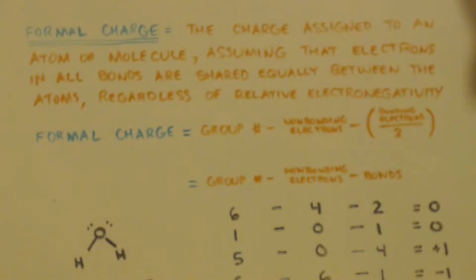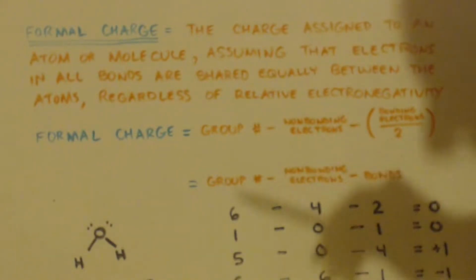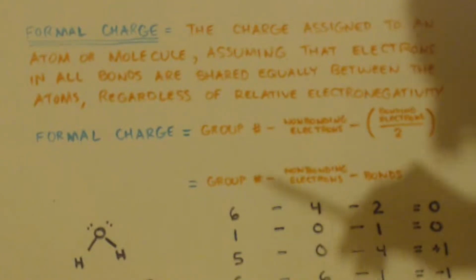And basically that tells you how many electrons, right? If you're in group 6, that means oxygen has 6 valence electrons. If it's in group 7, like fluorine, that means it has 7 valence electrons. So basically you just want to know what group number or how many valence electrons it has, right? Because that's the same thing, right?